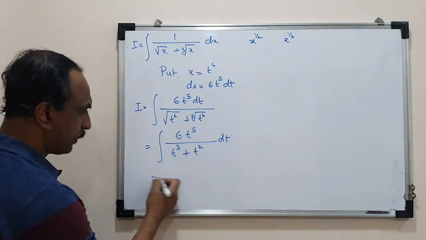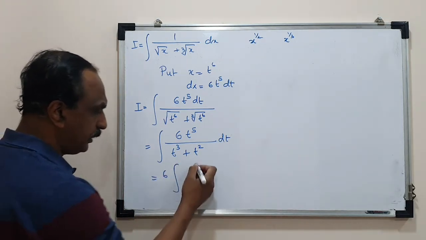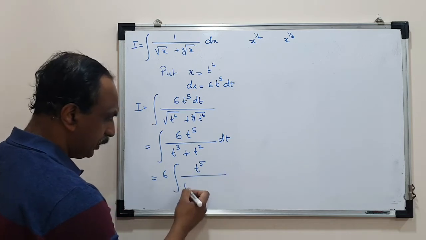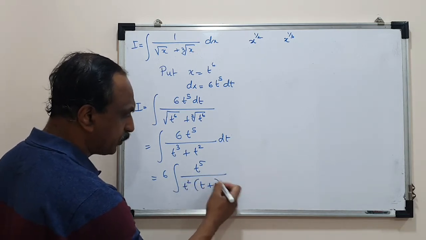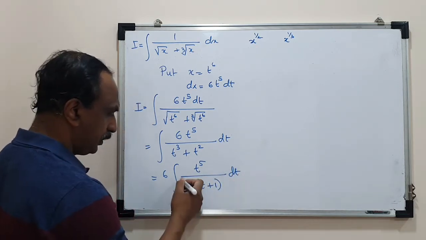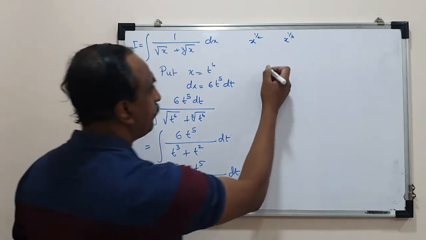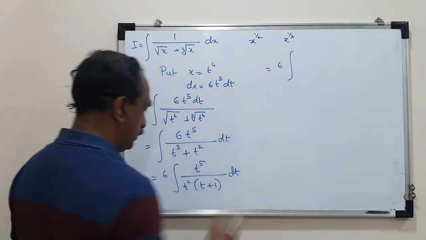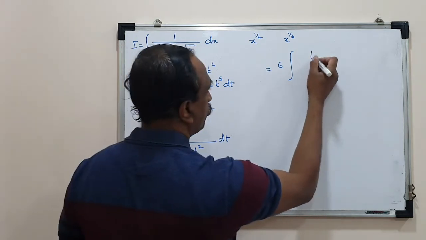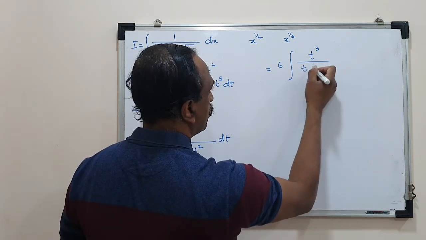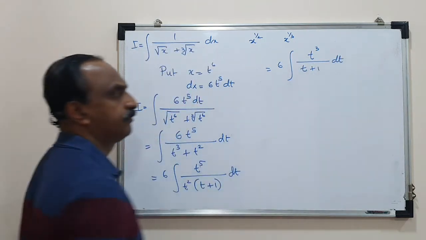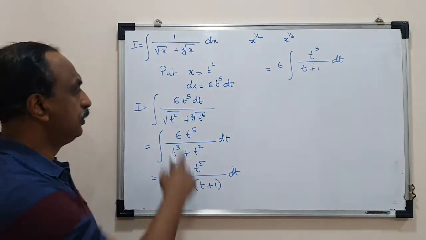Now what can I do next step? 6 of course goes outside, t raised to 5, take a t square common, t plus 1 into dt. This t square and t raised to 5 can be cancelled. So t cube divided by t plus 1 into dt. This is very simple now.